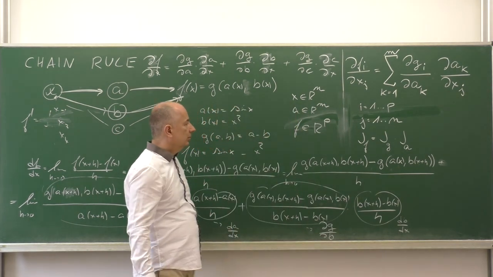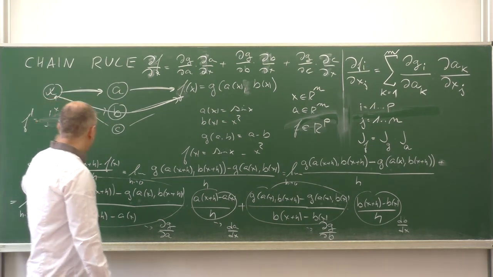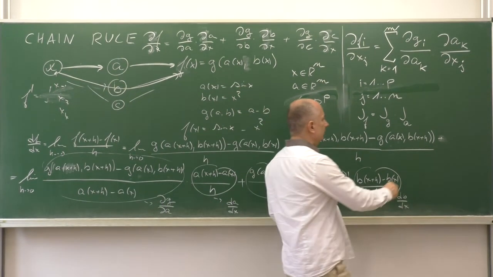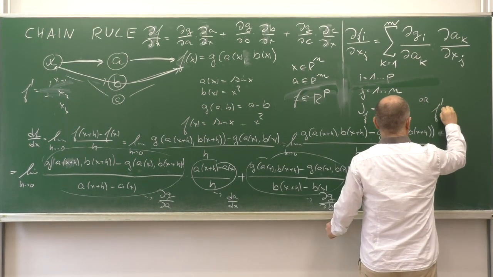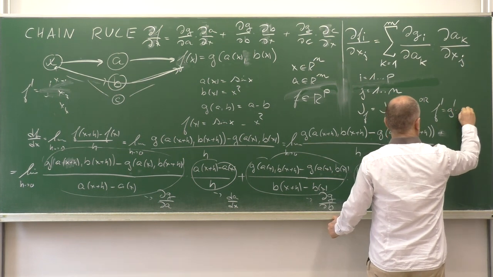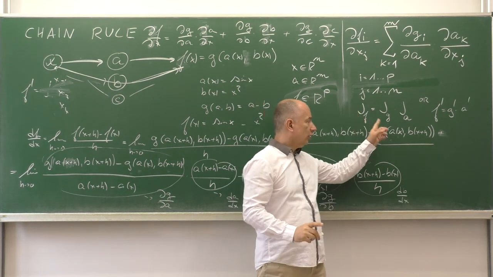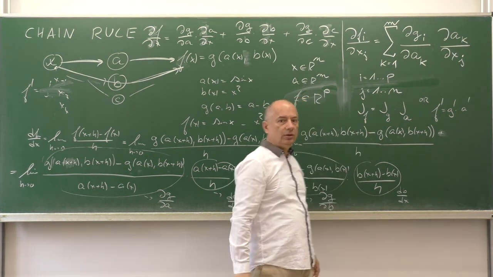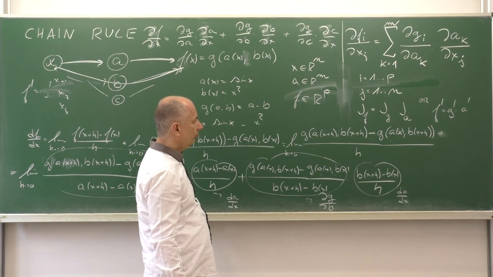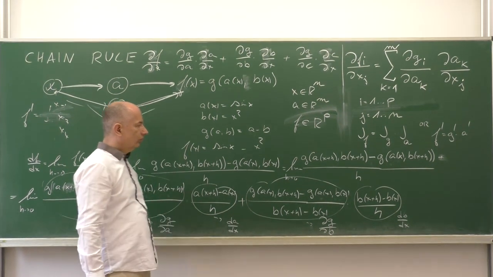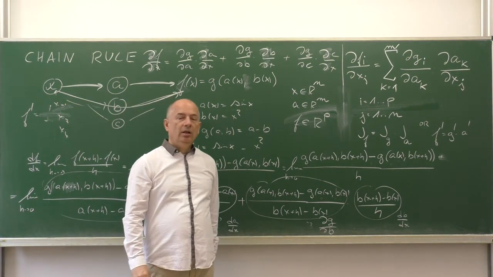Or if you like the prime notation, we arrive at something that was here. F prime is g prime times a prime, but prime means the Jacobi matrix of first order partial derivatives. Well, and in the next section we will illustrate this with some examples.